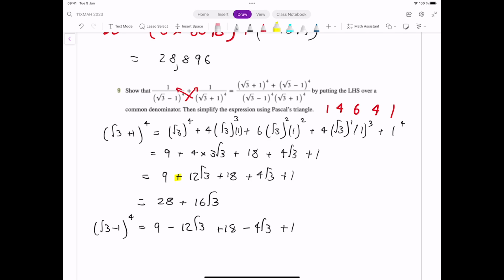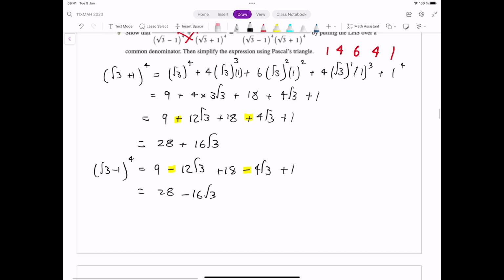So the signs have alternated. So it's going to be very similar. We're still going to have our 28, but it's going to be minus 16 root 3. I'm again, though, going to check on my calculator to see whether that's right. So (root 3 minus 1) to the power of 4 is 0.28. Now 28 minus 16 root 3 is also 0.28.